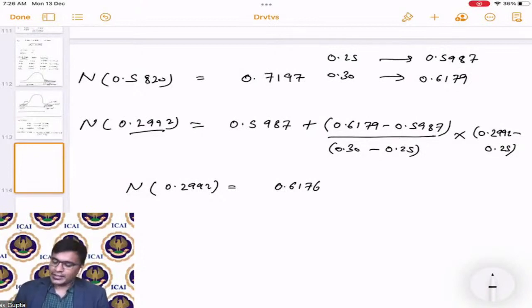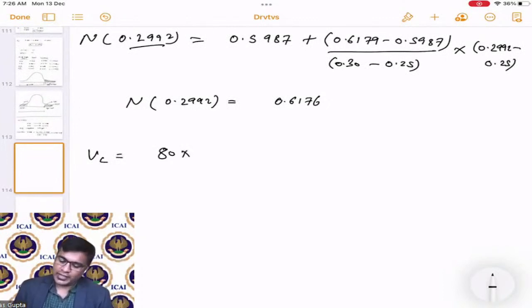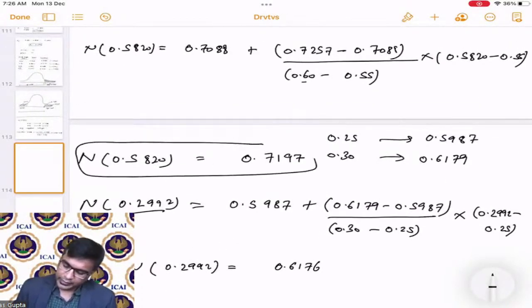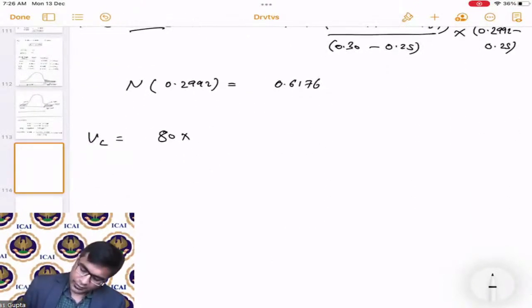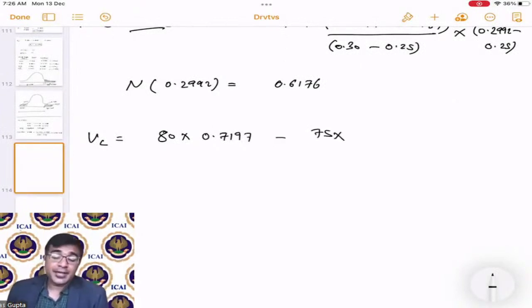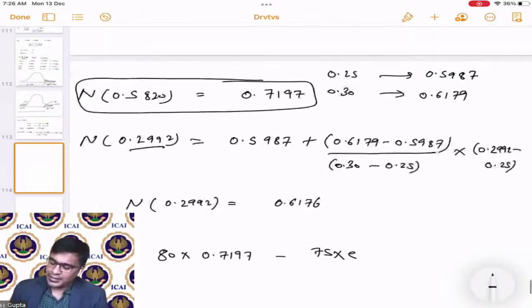Now we are left with nothing but calculating the value of the call option itself. So the spot price is 80 multiplied by N(d1), which was 0.7197, minus 75, the strike price for which we have to calculate the present value, multiplied by e raised to the power minus RT.